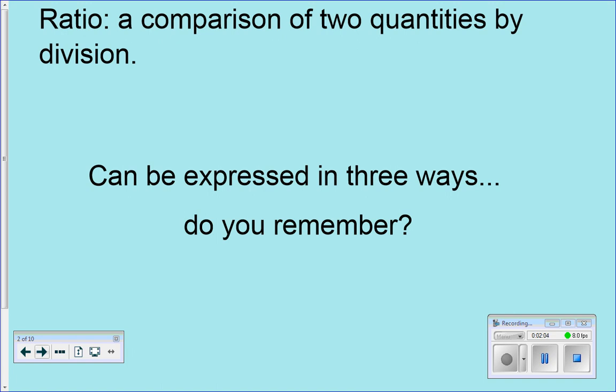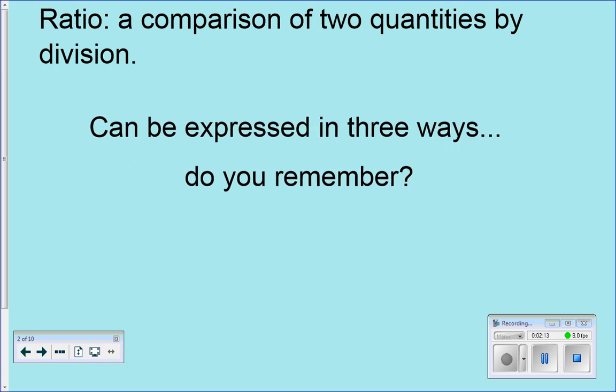And we talked about how ratios and rates can be written in 3 different ways. Does anybody have a guess how one way it can be written? Kaylee? Yeah, it can be written as a fraction, like 3/4. What else? Logan? Okay, so like 3 to 4, actually writing them out.